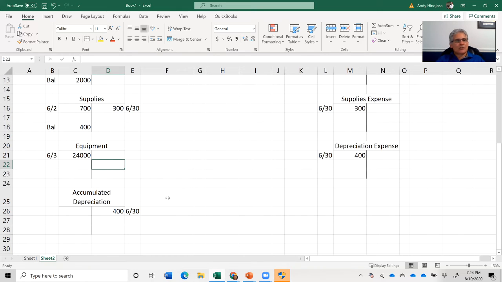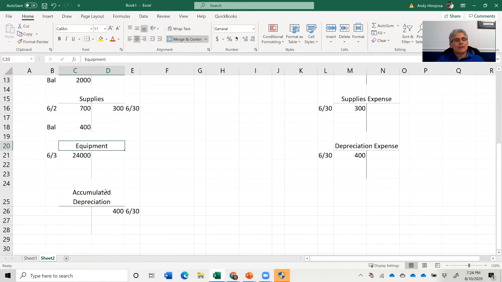But what I'm going to suggest to you is that we want to keep this integrity of the $24,000 and create a separate account where we're going to show these credits. Now, when we prepare the financial statements, we're going to actually net the debits and the credits together so that on the financial statements, you will see that it's going to be $24,000 less the $400. And then that will give us the true cost of what we have on our books associated with this equipment.